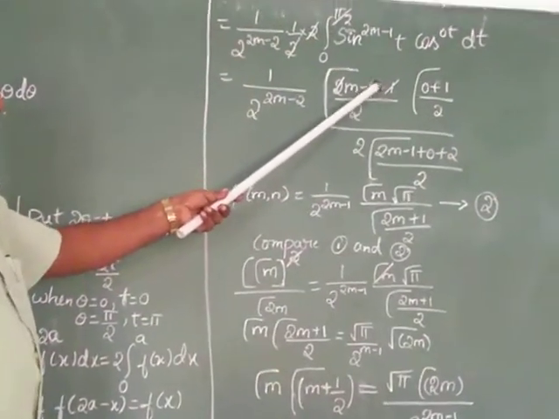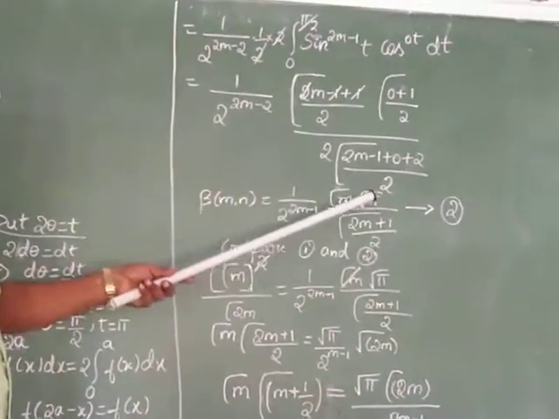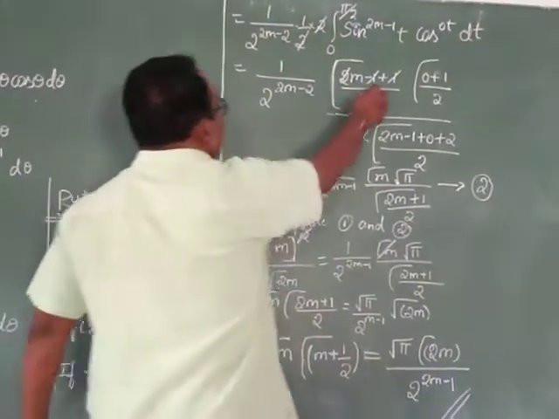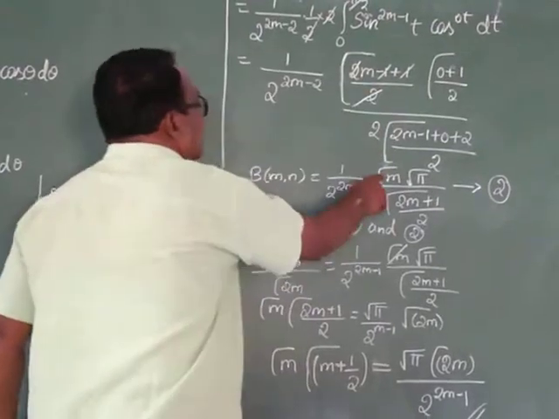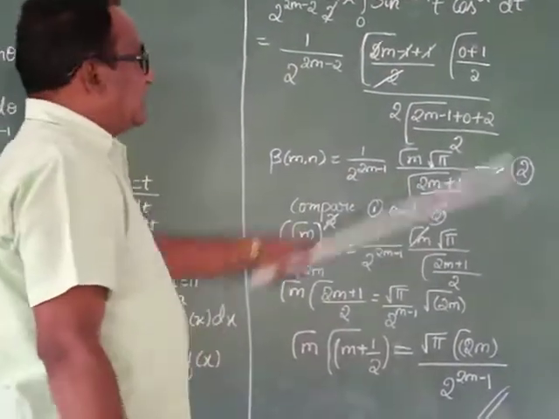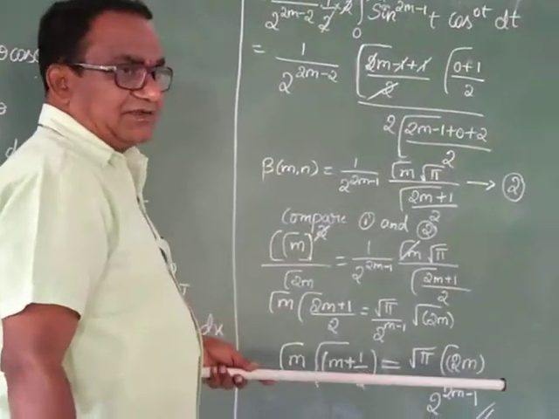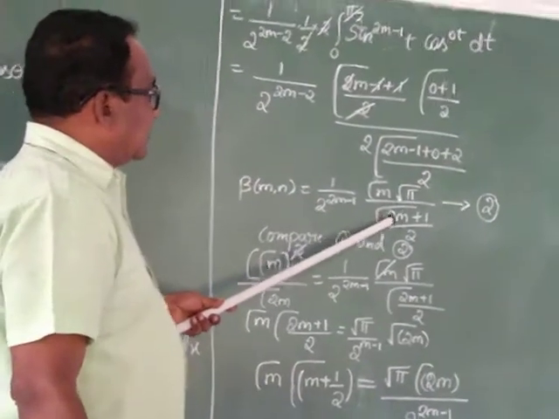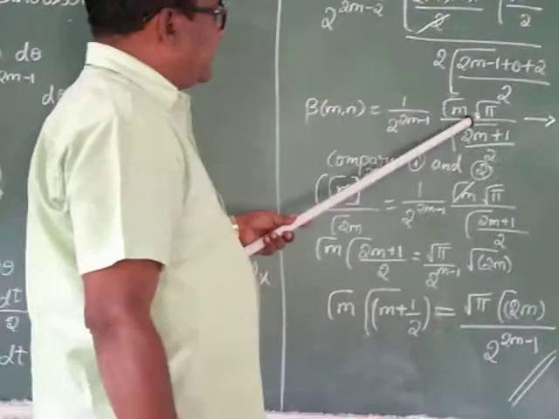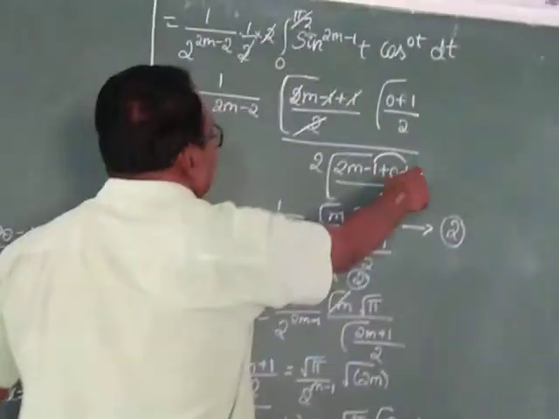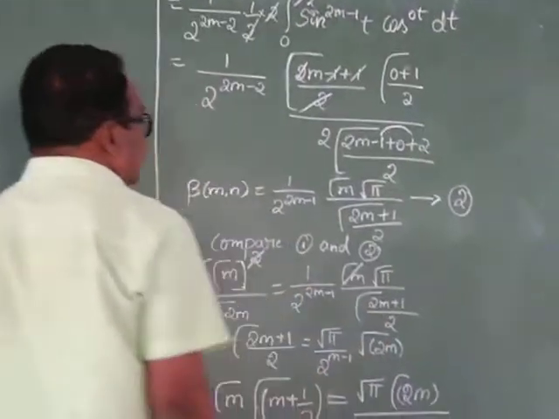Of course, this minus 1 cancels, 2m by 2 remains, this 2 cancels, and you are left with only gamma m and gamma half. Gamma half is root pi, divided by gamma of 2m plus 1 divided by 2.